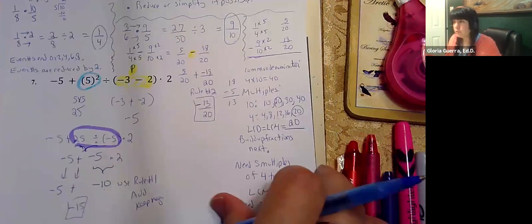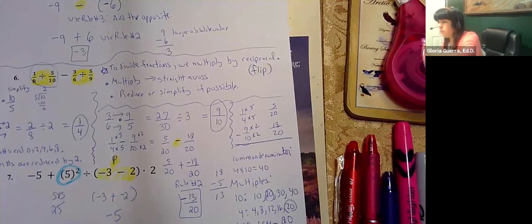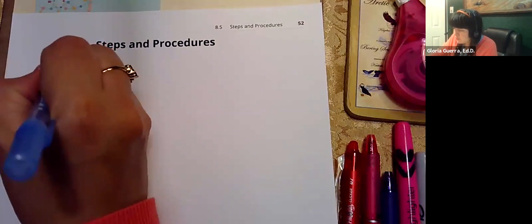One last one I'm going to show you. I'm going to show this to you on page 52. So you have some blank papers on page 52. One problem that I haven't seen in your ebook or in the ones the math department made is something with a fraction.